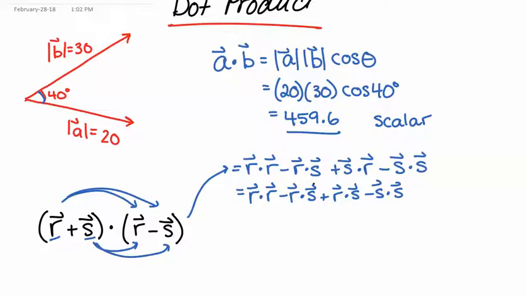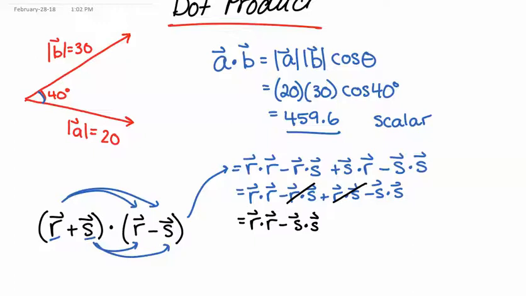These are going to cancel out, because say the dot product between r and s is 10. If I have negative 10 plus 10, that's going to cancel out. So all I'm left with is vector r dot vector r minus vector s dot vector s. And I can actually simplify those slightly.